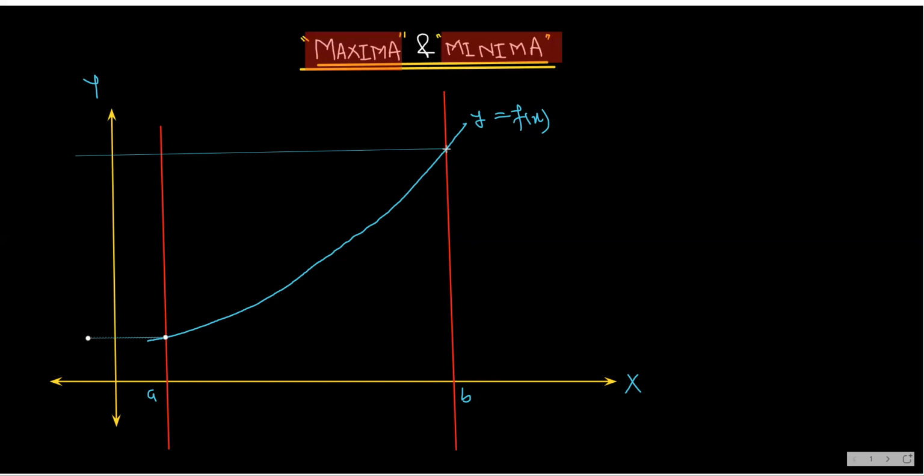The maximum of the function y equals f of x is occurring at x equals b, and the minimum is occurring at x equals a.